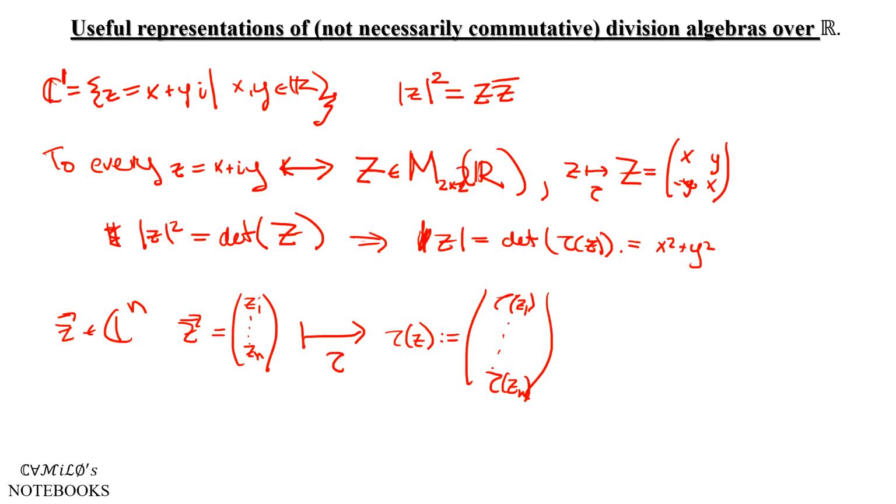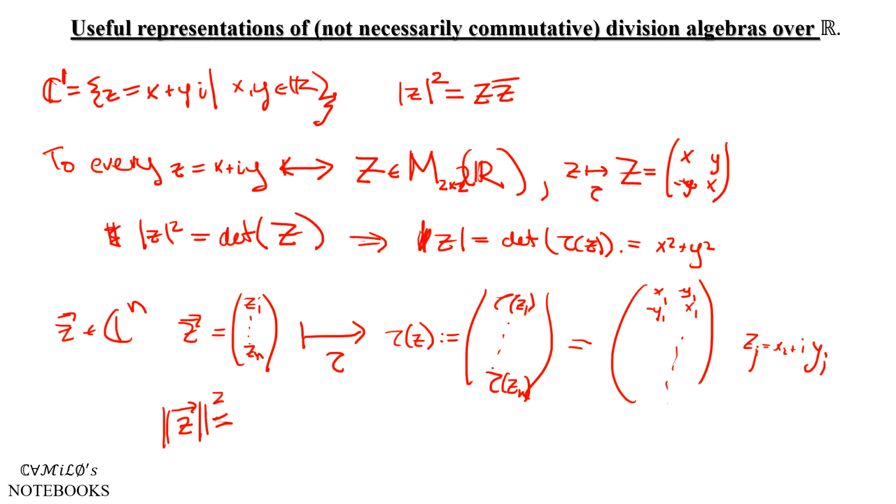Each of these is a 2 by 2 real matrix, so this is a 2 by 2n real matrix: x1, negative y1, y1, all the way, where obviously zj is xj plus i yj.